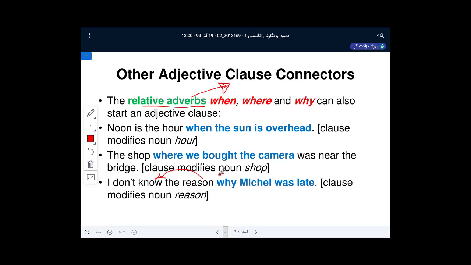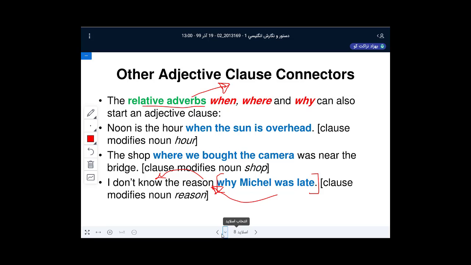So why Michelle was late, it is not an adverb of reason. It is an adjective which post modifies the noun. It tells the reason. It tells or gives information about this word reason and it modifies the reason.